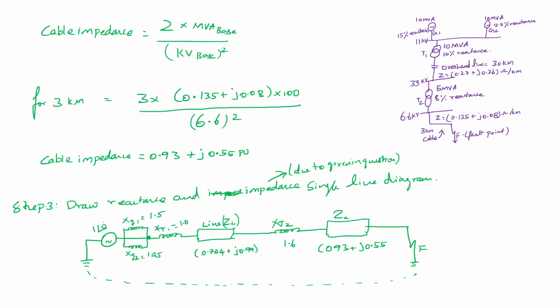What next? X equivalent. Yes, you are going to find the X equivalent now. Please find the X equivalent or total impedance, because we have the resistance value also here.